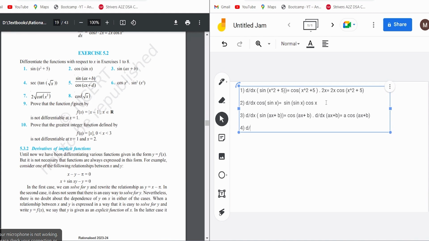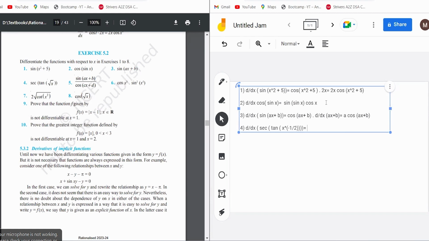Now next question is d by dx of sec of tan of x power minus half. Here it is making it more and more composite, nothing else. Okay, so we have to solve this. Firstly, differentiate the outer function.